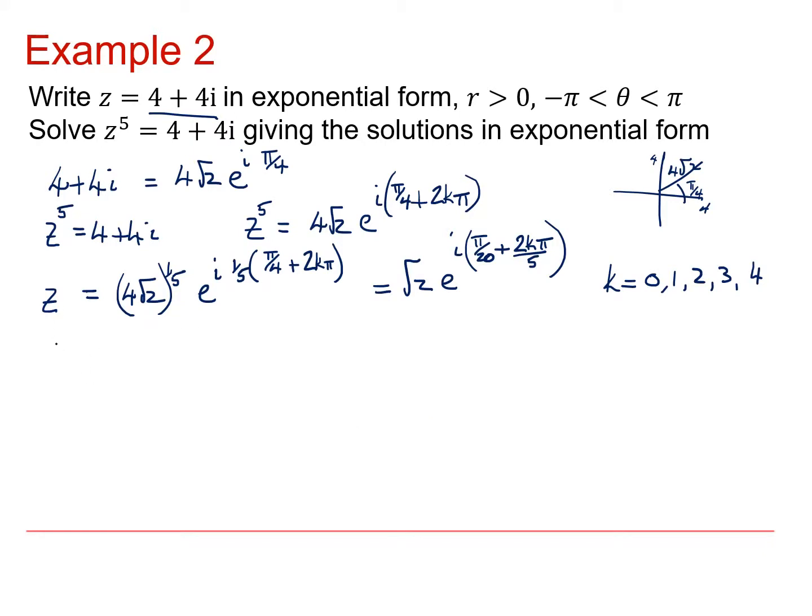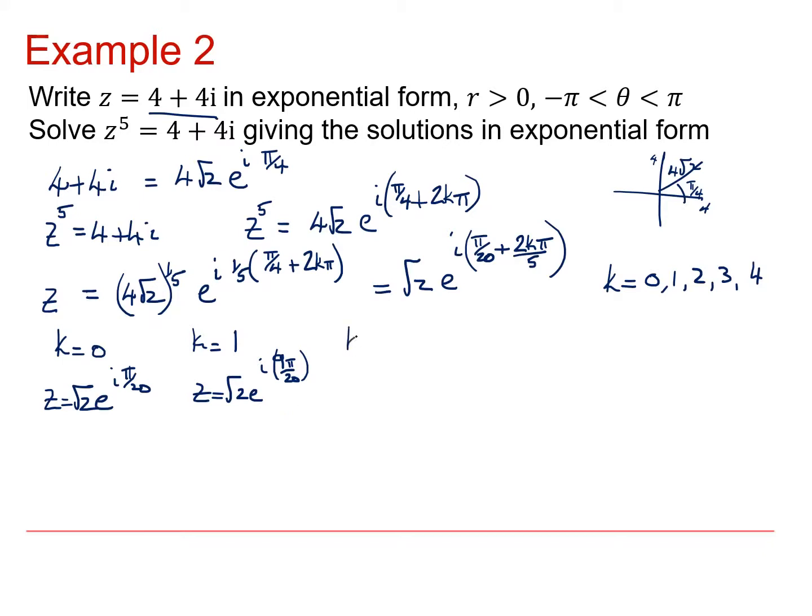So plugging those k values in, when k equals 0, z is equal to root 2 e to the i pi by 20. When k equals 1, z is equal to root 2 e to the i, I'm actually going to get an extra 8 pi by 20, so this is going to be 9 pi by 20 here.